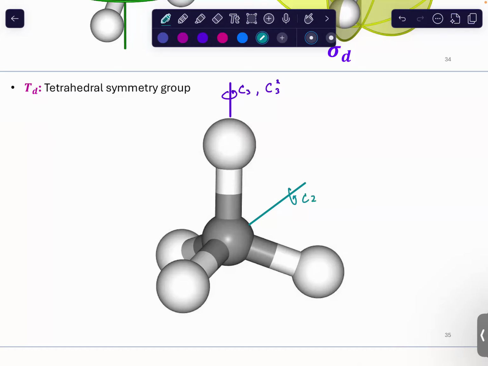So then, of course, we have several of those, which leads us to having sigma Ds. And then there is an improper rotation. So again, tip it up. Let's redraw it here in a more traditional configuration.